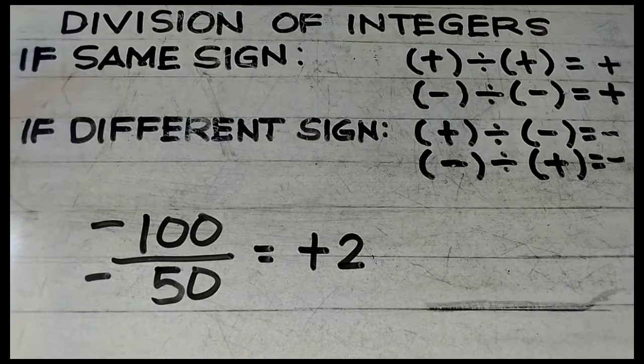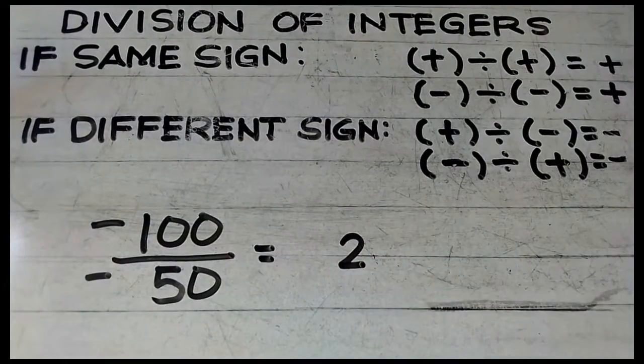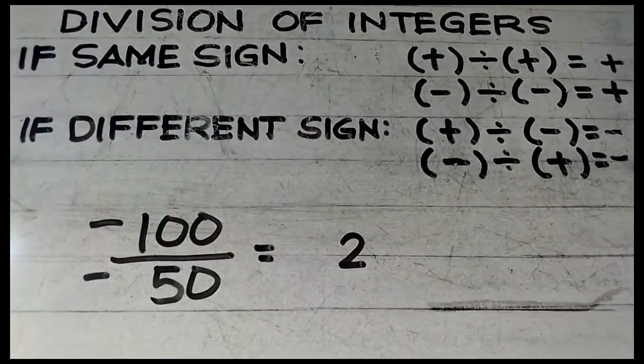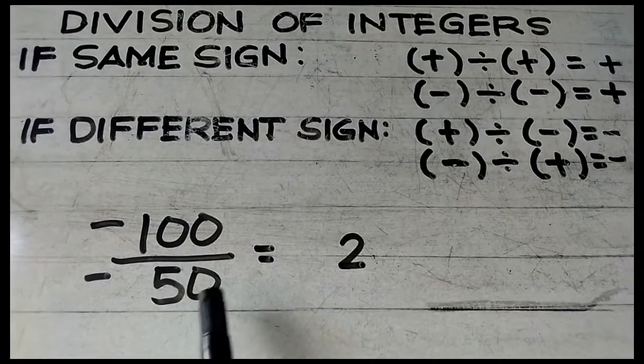So, pwedeng hindi mo ito lagyan ng positive sign. Understood na positive ito. Negative 100 over negative 50 is equal to positive 2. Okay.